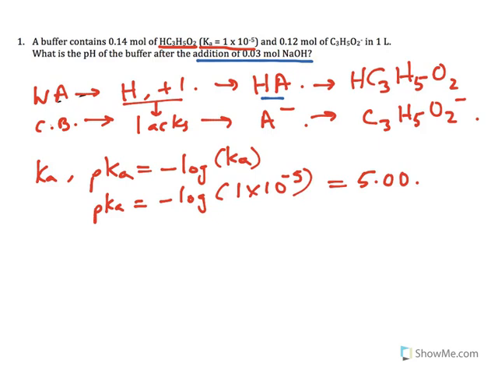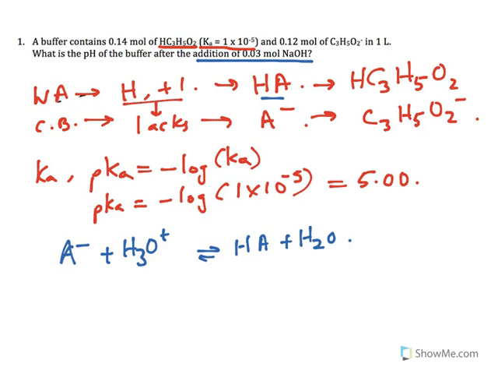So we will have something like A minus plus H3O plus giving us HA plus H2O. And this is to show that the acid in the products at equilibrium is the one that increases.